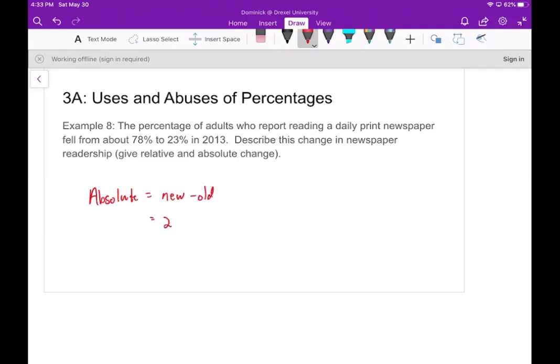The new was 23% and the old was 78%. If you subtract these, you get 55%, of course negative, so this is a decrease of 55 percentage points, because that's how many percentage points that you fell.